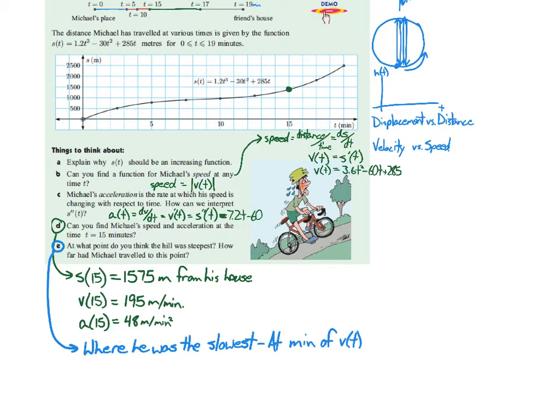Oh, the acceleration function. That's going to be when the acceleration equals 0, which is a nice easy equation to solve. 7.2 t minus 60 equals 0. So t is 60 over 7.2, which is 8 1/3. And that's minutes, right?